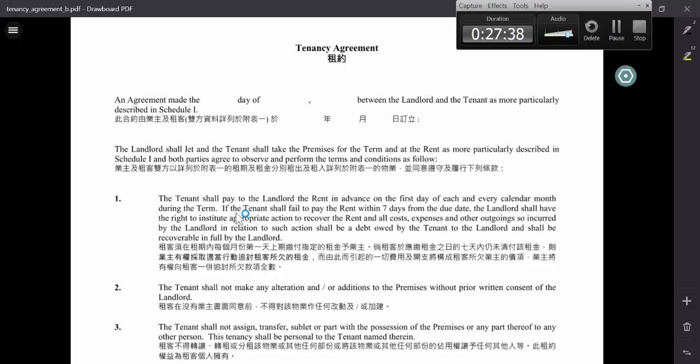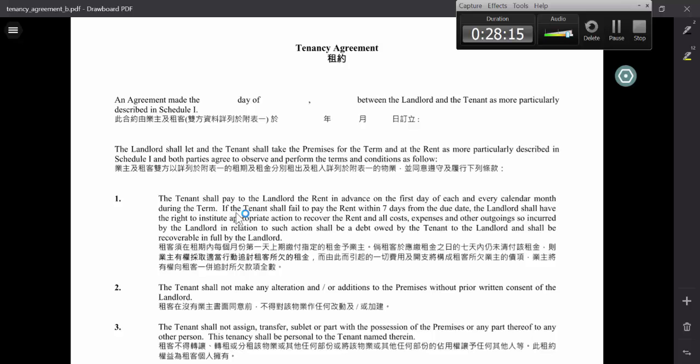Now, the terms here are pretty boring, pretty standard. They're not in favor of either party. Just simple things like what the landlord should do, what the tenant should do. You normally don't bother changing any of this. I mean, you can if you really want to. For example, if the tenant shall fail to pay the rent within 7 days from the due date, maybe every month, the landlord shall have the right to institute appropriate action.